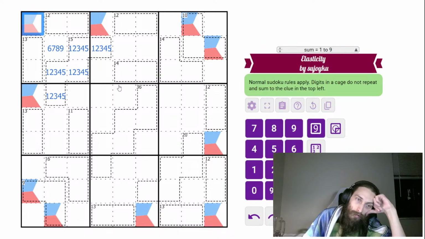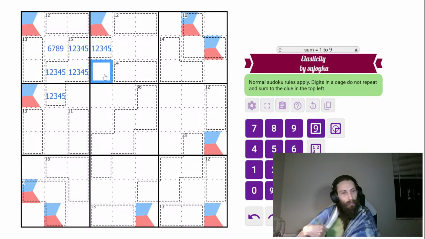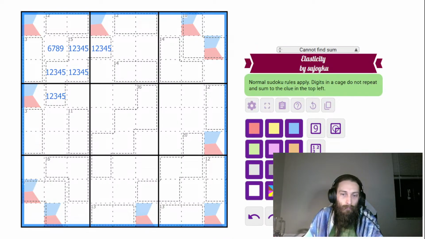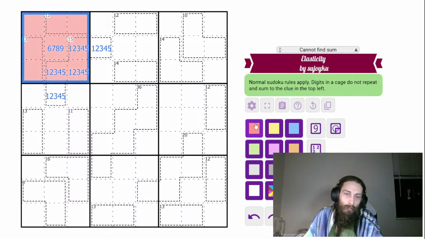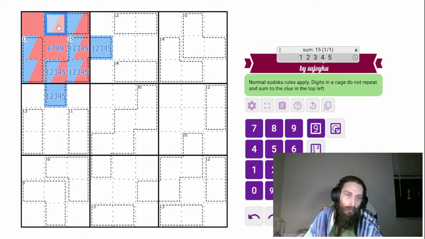Okay, 12 and 13 is 25. So the leftovers have to sum to 20. Make that red. And this all blue.